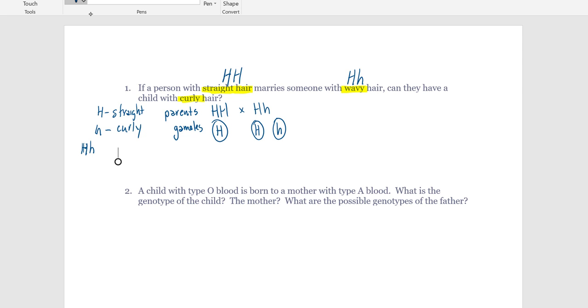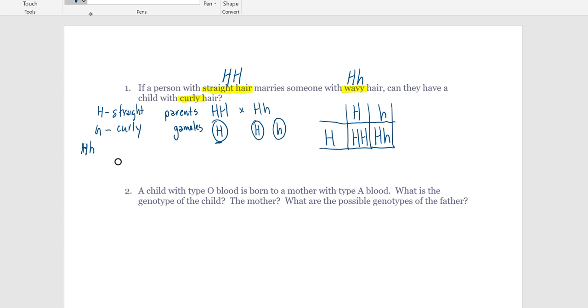So I'm going to set up a Punnett square in which I have two squares going across the top and one square going down the side. Doesn't matter which parent is which, but one parent, the heterozygous, has two possible gametes. The other parent has only one possible gamete. And so that gives us big H, big H, big H, little h.